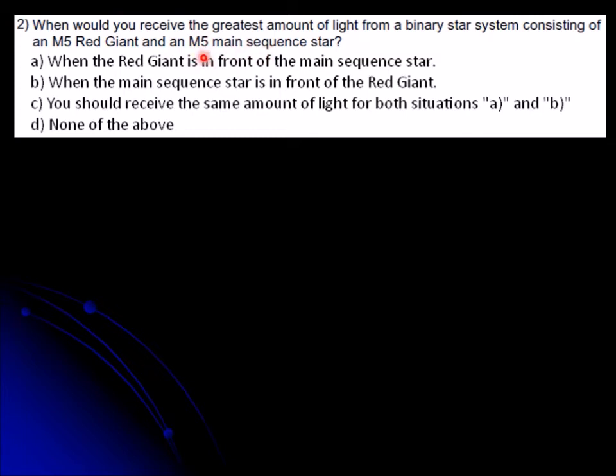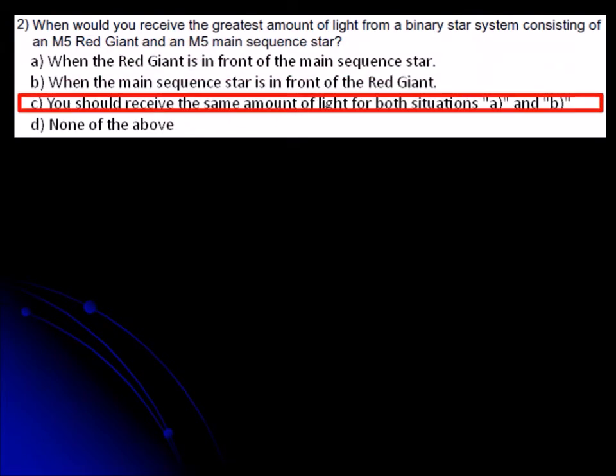Well, being both M5s, we know that they are of the same spectral class, they have the same temperature, and so we see that part A, when the red giant is in front of the main sequence, and when the main sequence is in front of the red giant, we should receive the same. Well, it turns out that the answer is C, and to understand that, we have to see the H-R diagram.